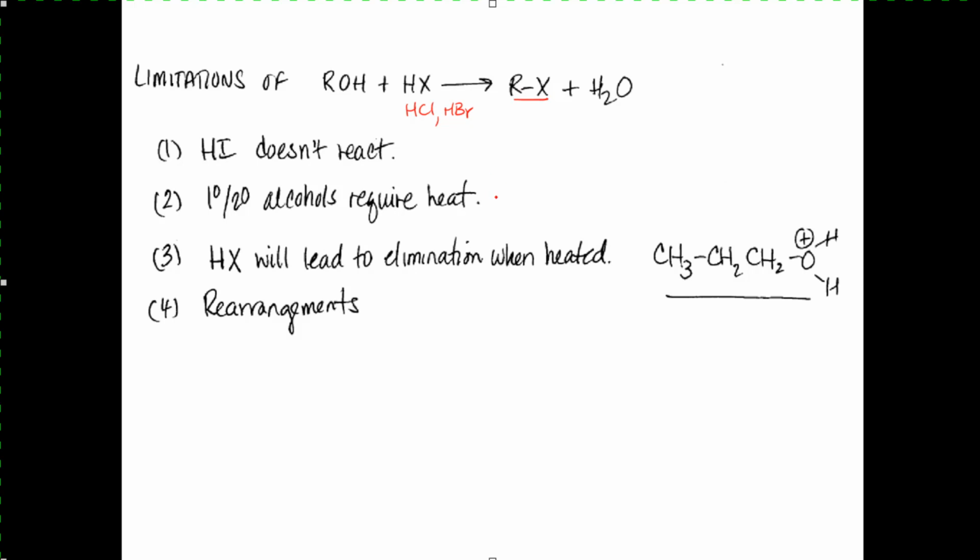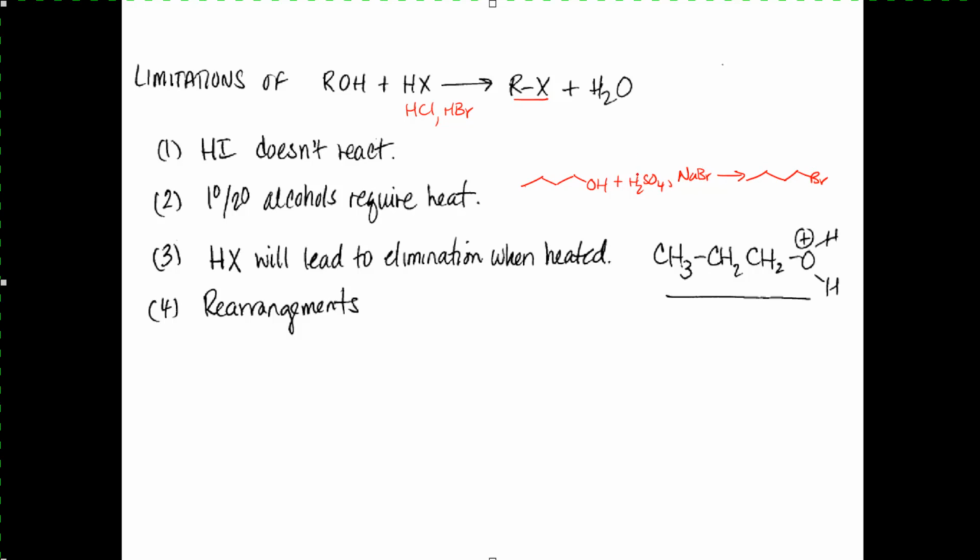We used to do an experiment in the first semester, which we didn't do this summer, but we have done in the past, where we take butyl alcohol and react it with sulfuric acid and sodium bromide to make butyl bromide.